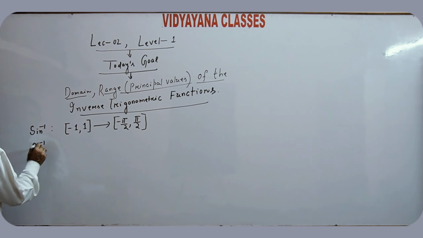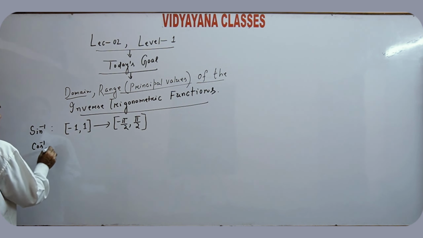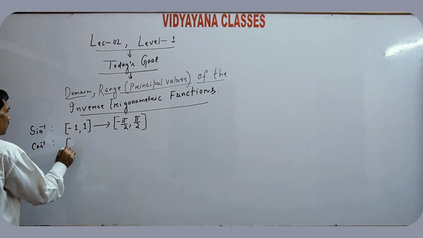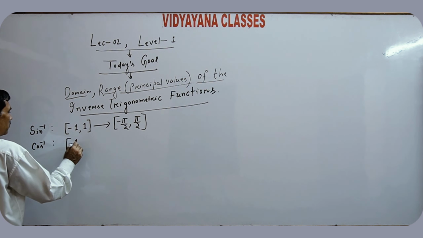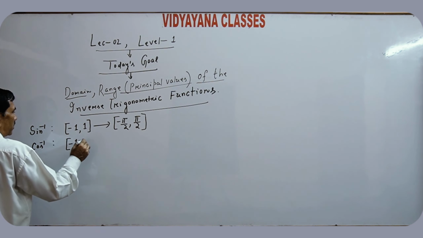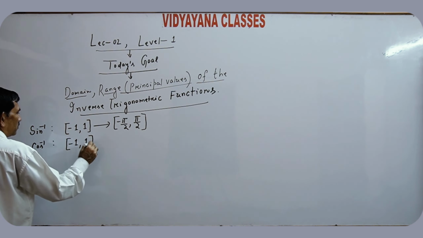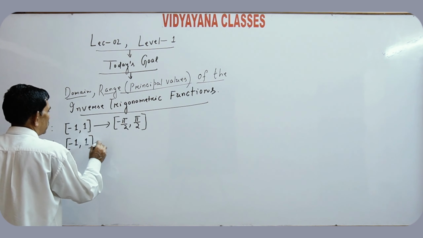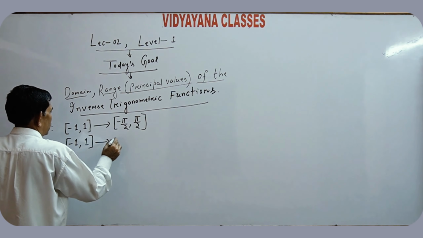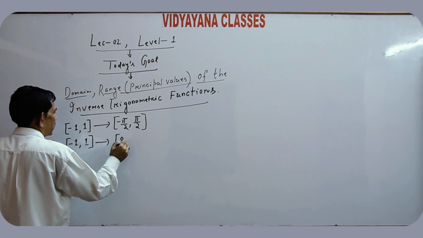Cos inverse is defined from close bracket minus 1, 1, close bracket to close bracket, 0, pi, close bracket.